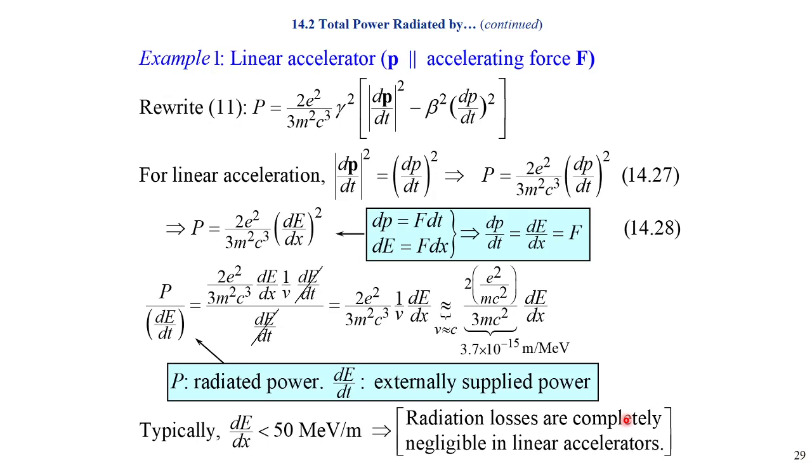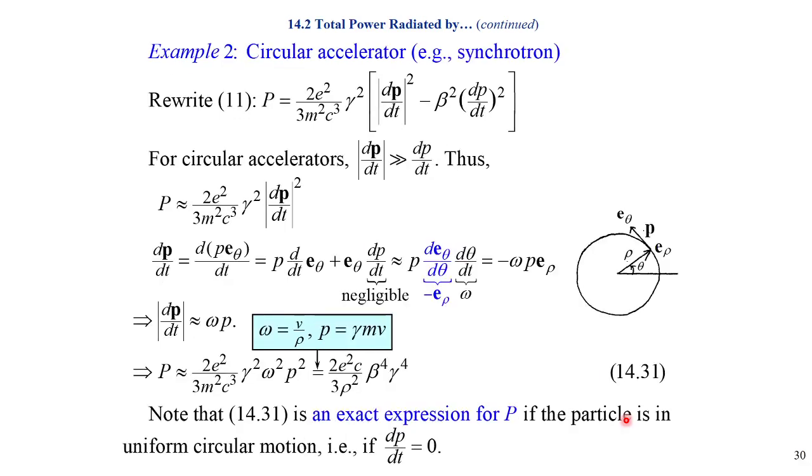But how to extract the energy? To extract the energy, we need a circular accelerator, just like synchrotron radiation. Okay, let me show you equation 11 once again. And this time it's a circular accelerator. So the change rate of P along the motion will be very small compared with this one.